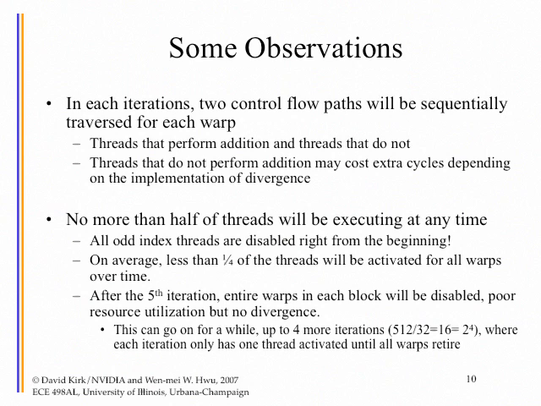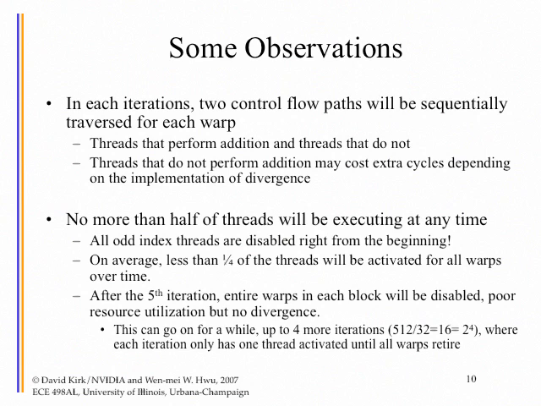After that, entire warps in each block will be disabled. But remember, until all the warps of a block finish, that block will still occupy an assignment unit in the SM. Until all the warps complete, that block still occupies that space, and no other blocks can come in.